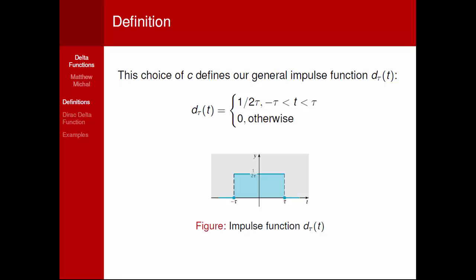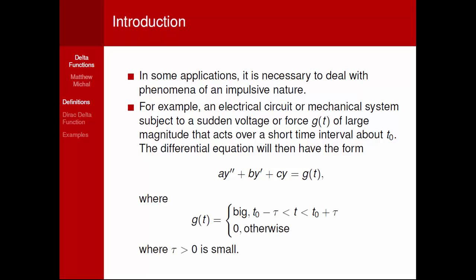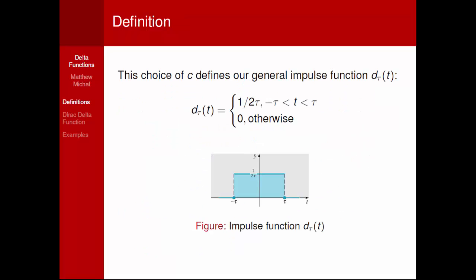That is an area of 1, regardless of what tau is. Well, remember from the beginning of the problem, we were dealing with a short pulse that goes through. So we want to make the pulse shorter in time interval length, we are just interested in a shorter impulse time.